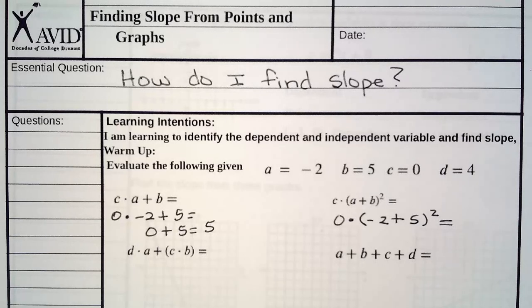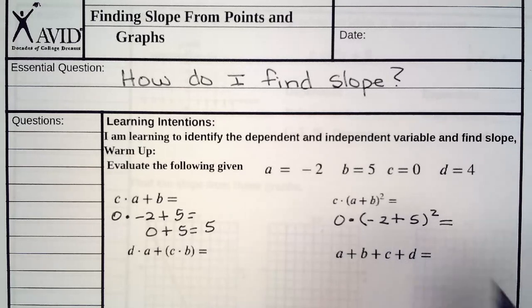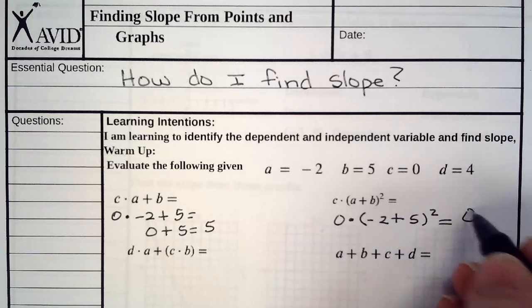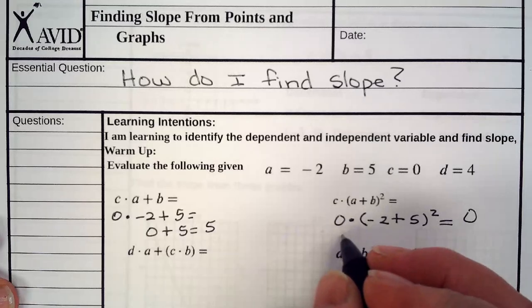But I want you to think about what's going to happen. Whatever number this is, I will be multiplying by 0. So I know that the answer has to be 0 at this point. But let's see what happens.